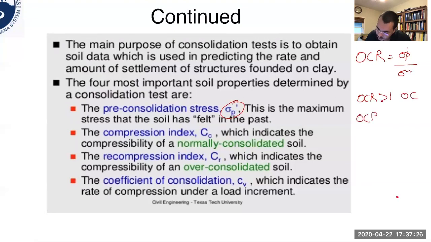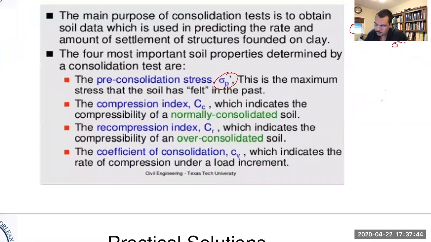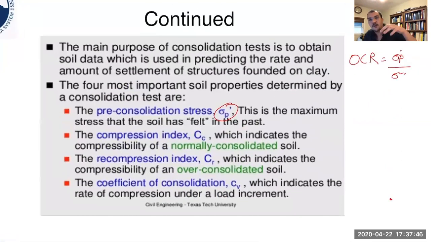If the OCR is less than 1, you have a normally consolidated soil. So you need those to find what degree of consolidation you have.